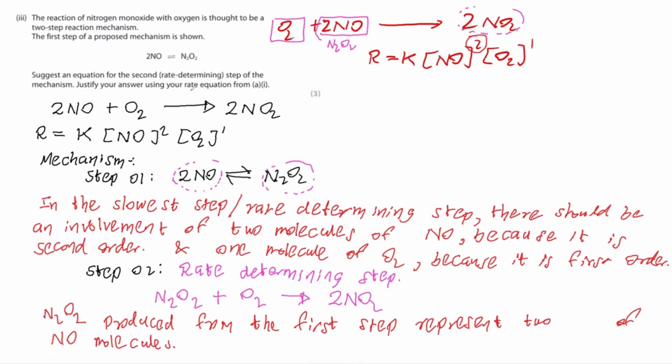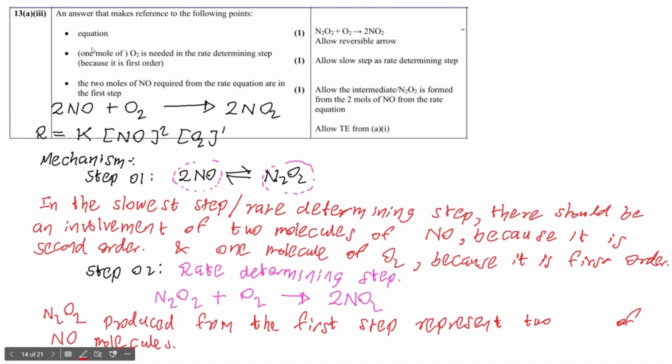Now let's see our answer and check whether we get marks for this. So they are talking about 3 marks, right? Equation: N2O2 gives you O2 with 2 NO2. Yes, we get it. 1 mole of O2 is needed in the rate determining step.